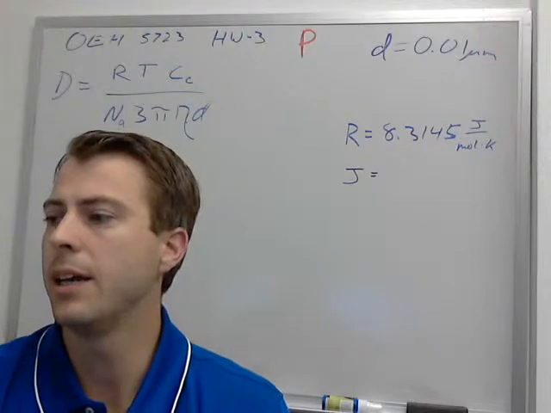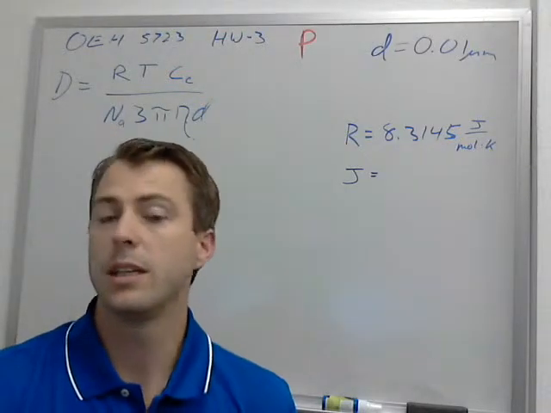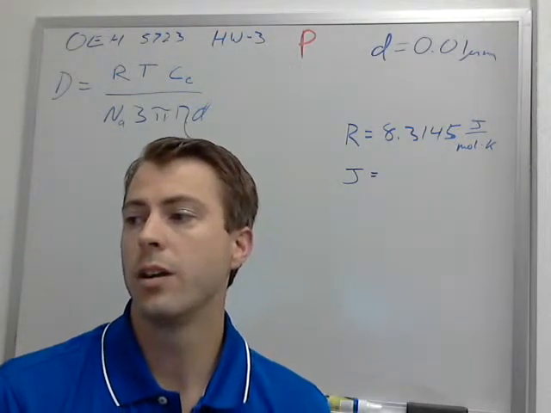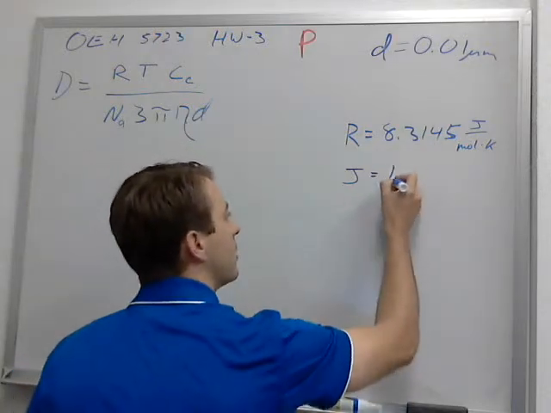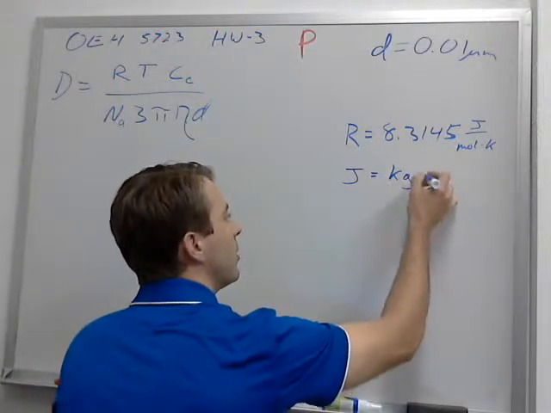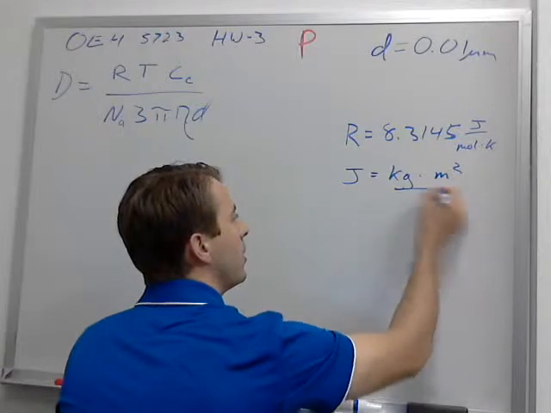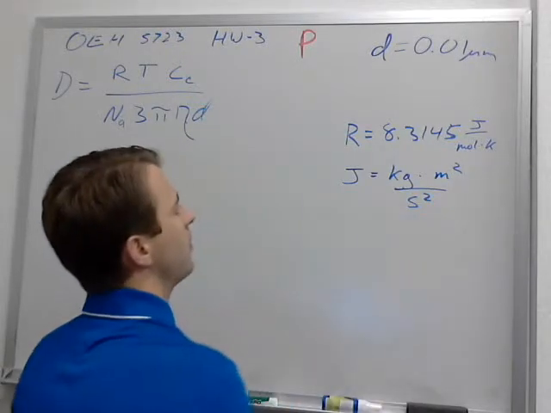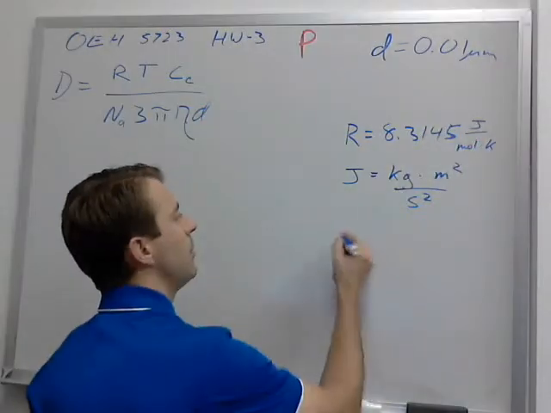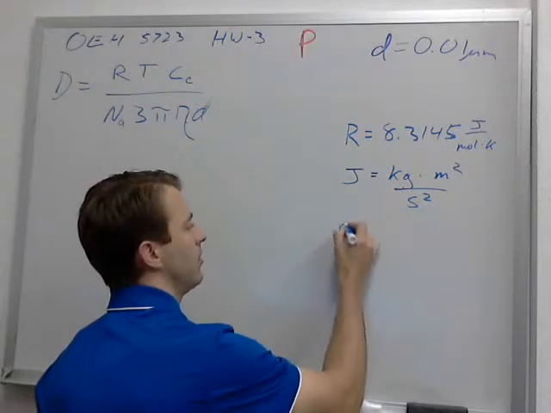I look it up, and a joule is a kilogram meter squared per second squared. So if we incorporate that in, what does that make our R? Our final R.